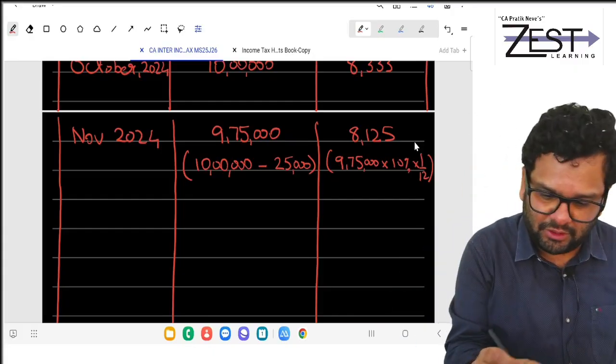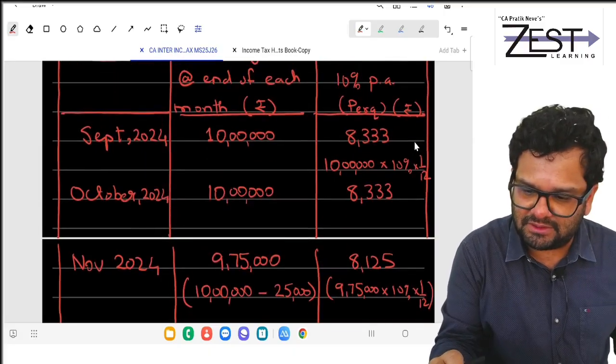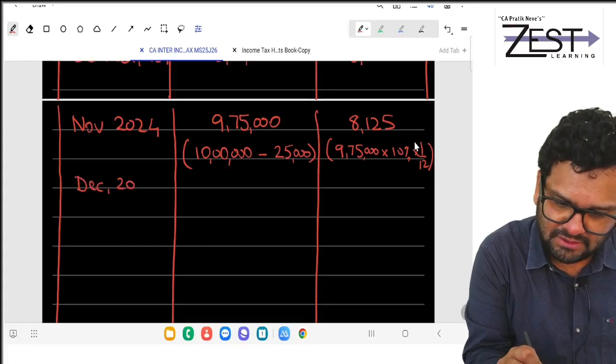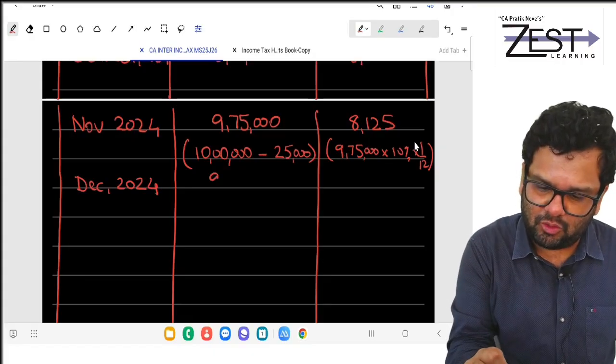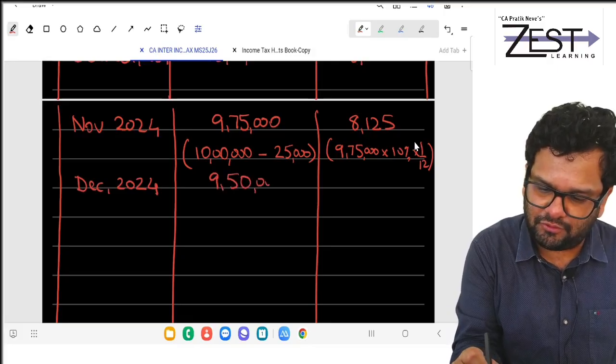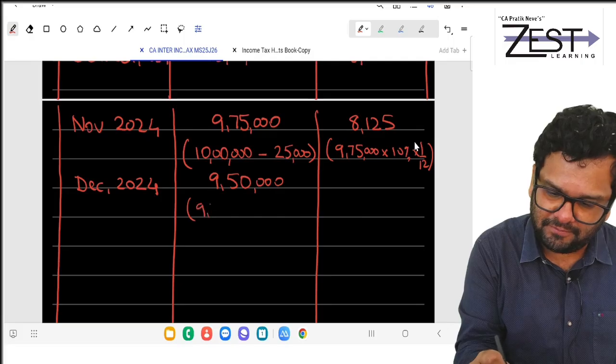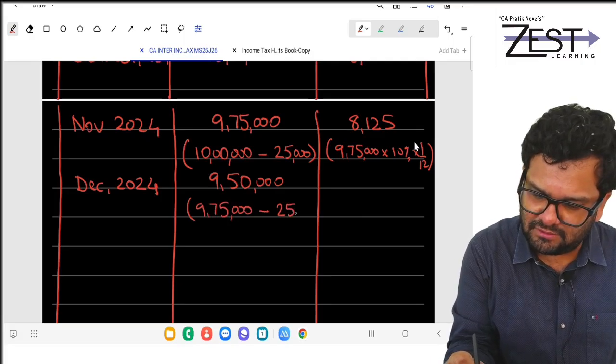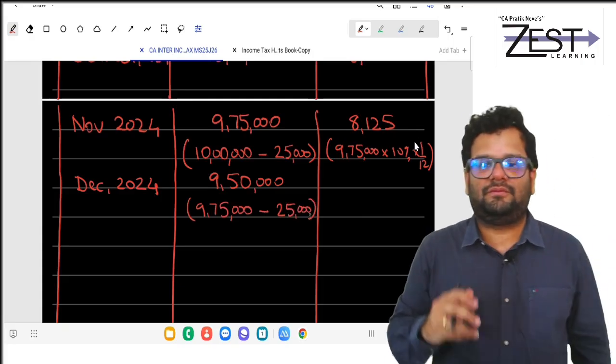For December, can you tell me what is the position for December? What is the amount outstanding? 950. How 950? 975 minus 25.